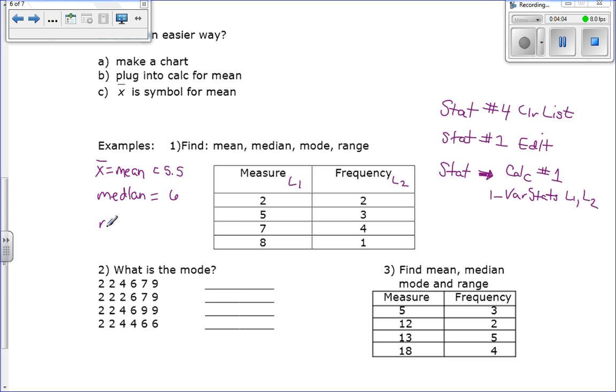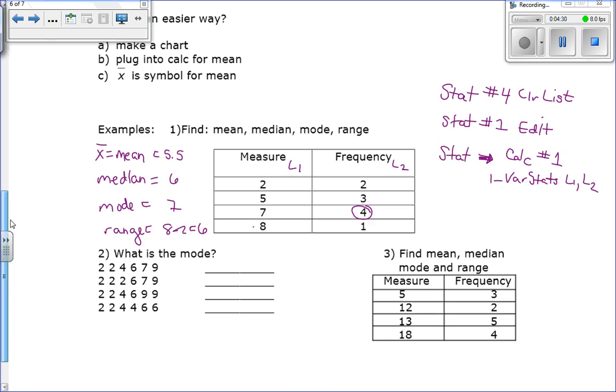The mode is the one that occurs the most often, and we do that by looking at which one has the highest frequency, so the mode is 7. And the range is 8 minus 2, which is 6. The range is always highest minus lowest.